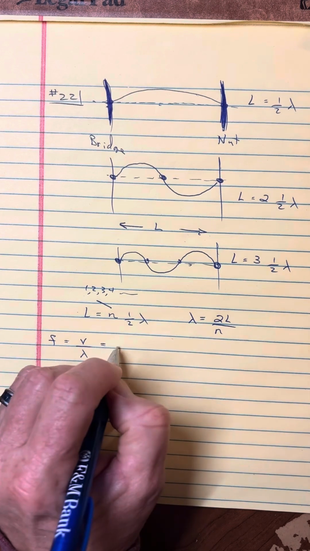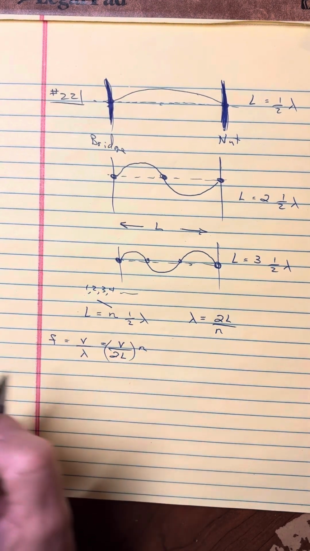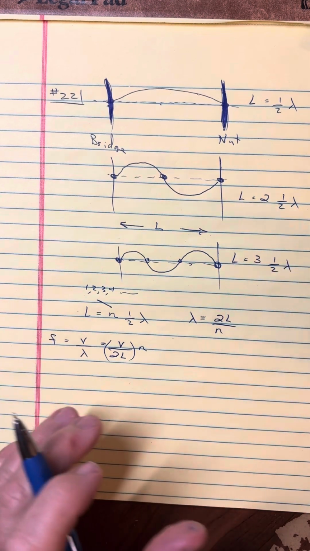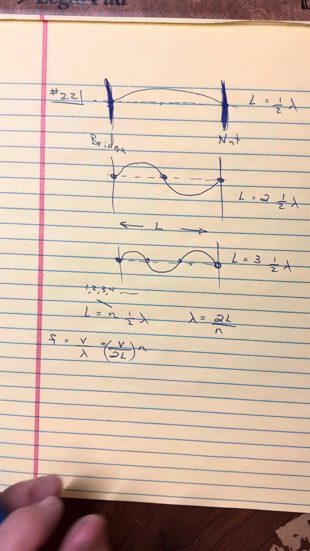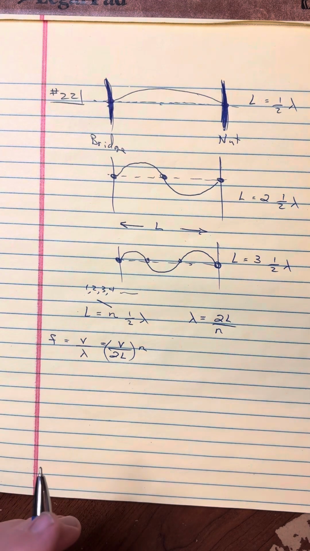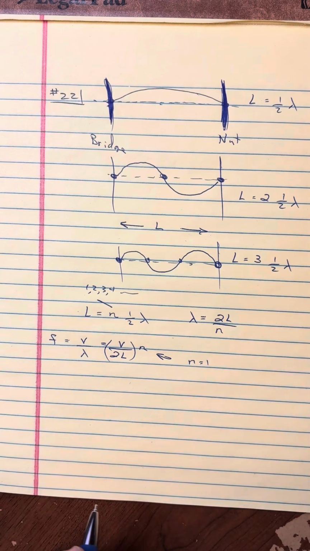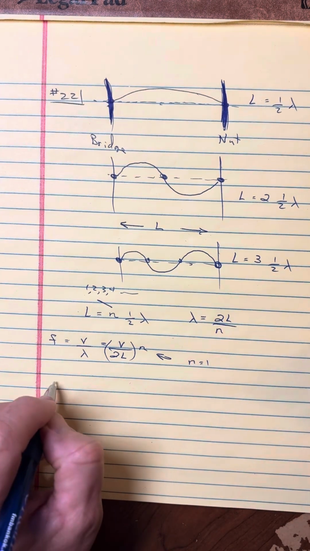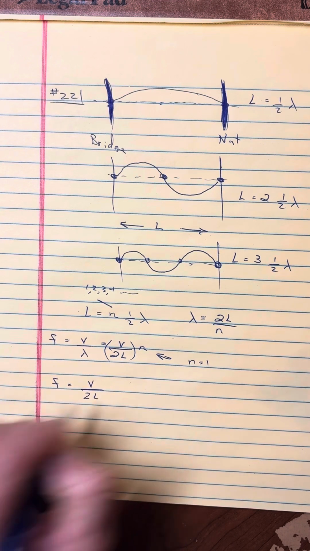Then we can write this as v over 2L times n. And of course, that's why we would have the different frequencies, or the different harmonics. Taking this to be the fundamental one for our problem, we can set n equal to 1. And so we have an equation of v over 2L.